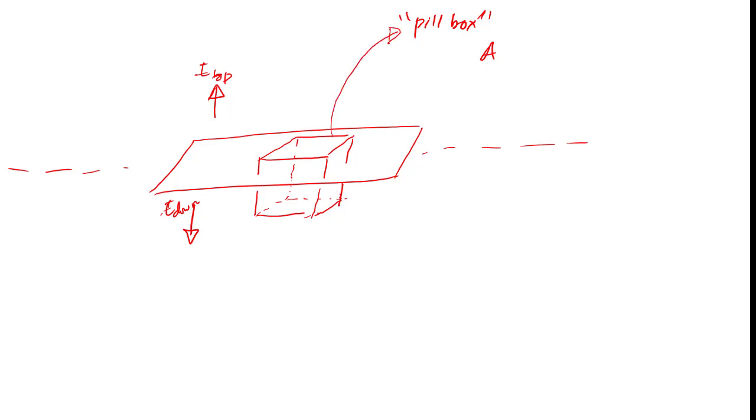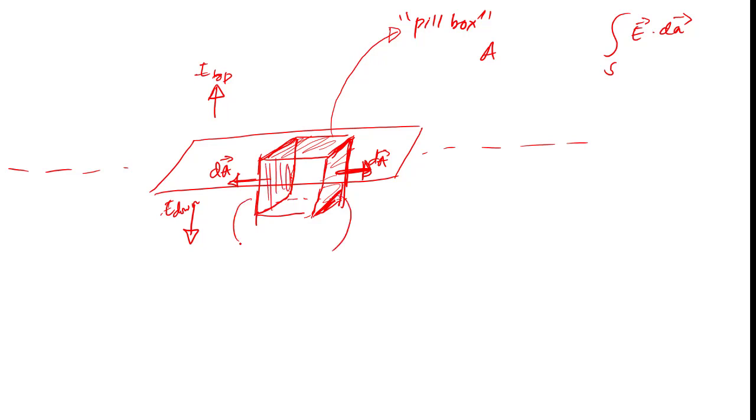Now if we were to go around the surface of this Gaussian pillbox, we're going to go around the surface of each face and integrate to get the total surface integral of E dot dA. Then you see that when I take the side faces, the area vector for this side is pointing this way, and for this side, the area vector dA is pointing this way.